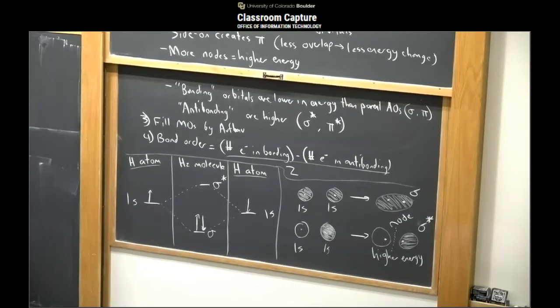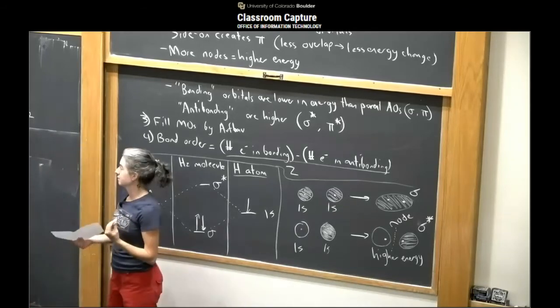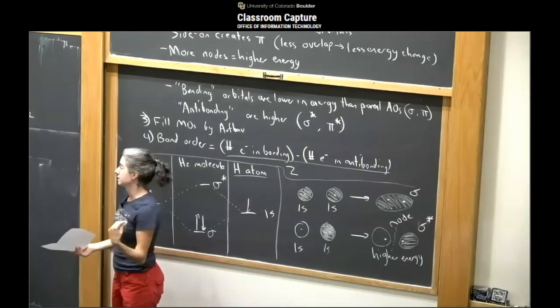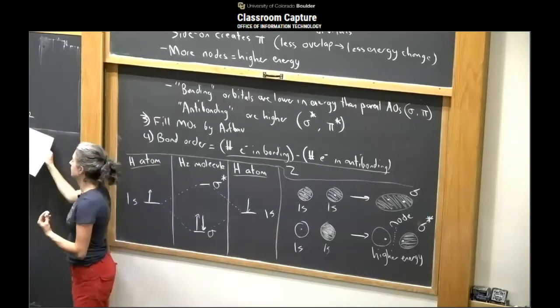So the bond order of this is now 2 minus 1 over 2, which is a half. This is not something we had any way to cover with Lewis dot diagrams, a half of a bond. But it turns out MO diagrams are flexible enough that we can look at cases like this.